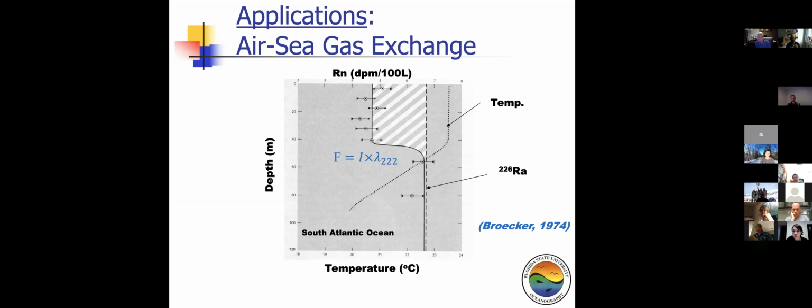So a nice way of looking at air-sea gas exchange using radon.